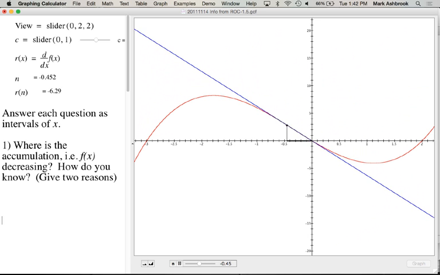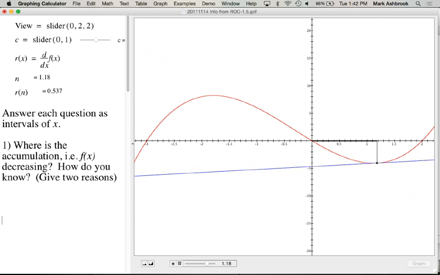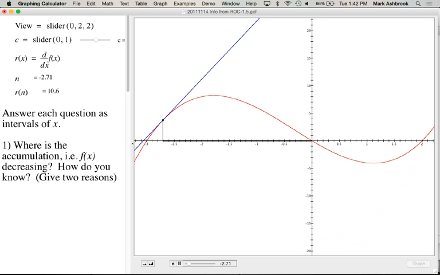Okay, let's get started. Here we go. So where's Jedediah? Yes, sir. So tell me, how did you answer this question? Where is the accumulation decreasing, and how do you know?